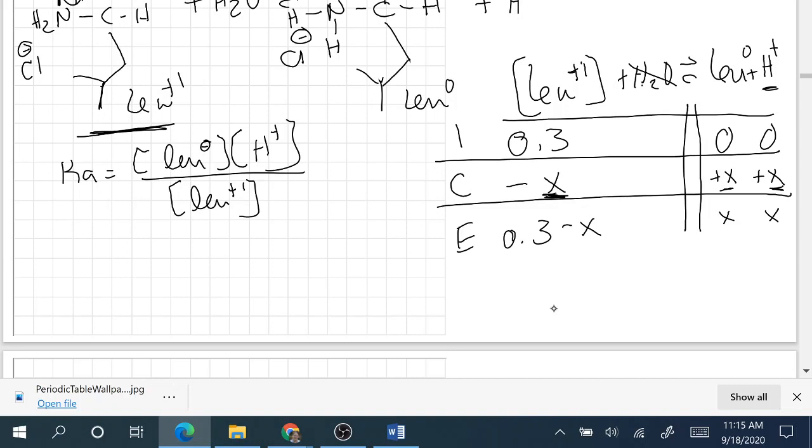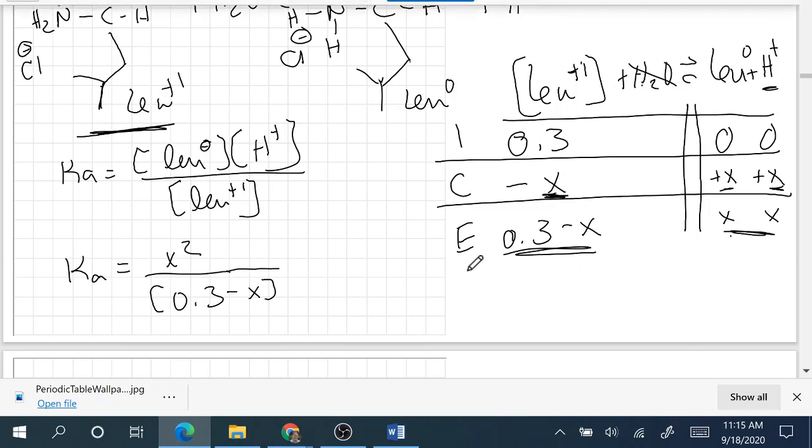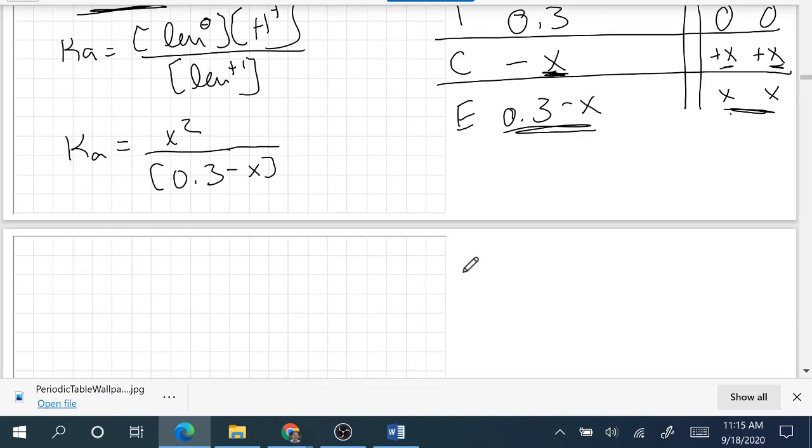Okay, and so the Ka is equal to X squared over 0.3 minus X. Okay, so 0.3 minus X is the starting material that goes on the bottom, and the products go on the top, and so that gives us X squared.